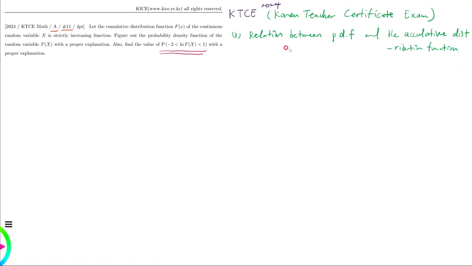In general, the probability density function is a non-negative function on its domain, and the cumulative distribution function is usually written with a capital F of x, which stands for the sum of all the probability whose random variable is equal to or less than x.